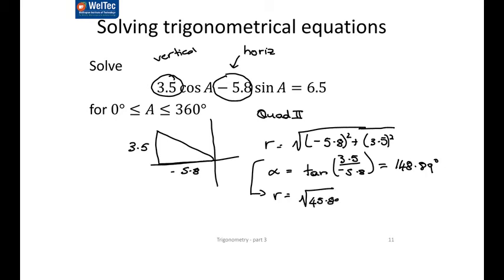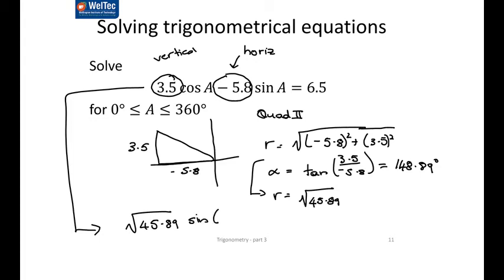So now we can rewrite this equation as square root 45.89 sine of A plus 148.89 degrees, and that's got to be equal to 6.5.